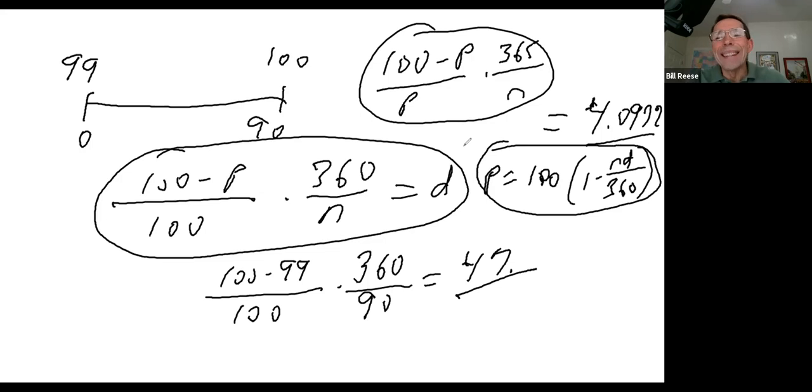Now, there's one little tiny blip in this whole thing, and that is this. This works when there are 6 months or less until maturity. As we know, Treasury bills, when they're issued, can be 1-month Treasury bills, 3-month Treasury bills, 6-month Treasury bills, and 1-year Treasury bills.